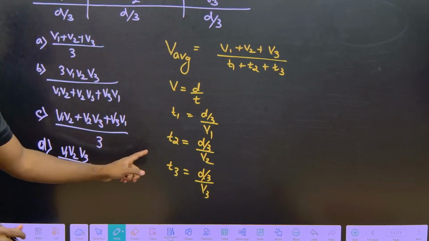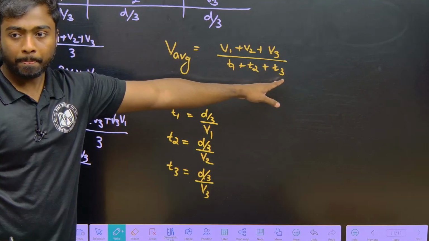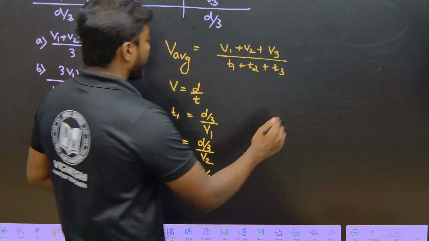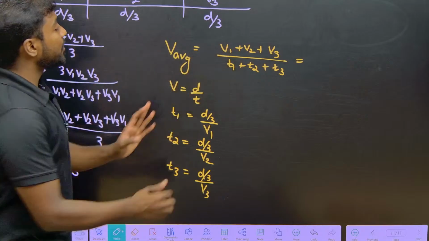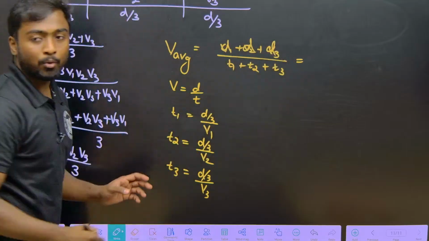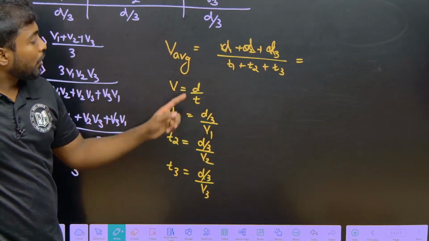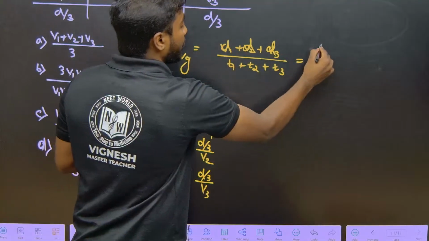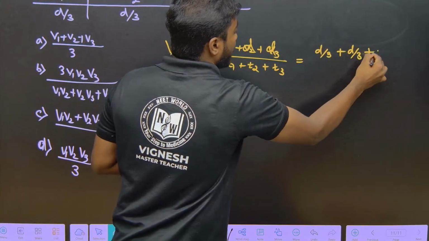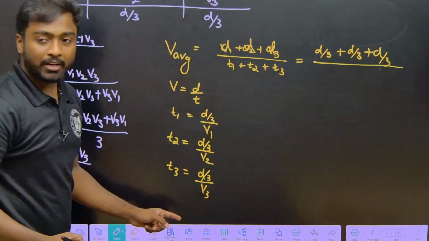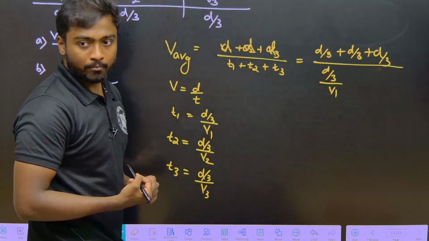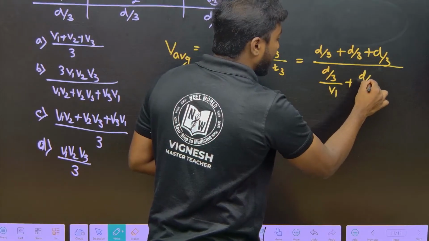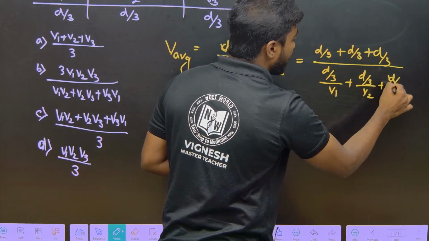Any doubt here? So now I can substitute. What will I get? The displacement is d by 3 plus d by 3 plus d by 3, divided by T1, T2, T3, which is d by 3 by V1 plus d by 3 by V2 plus d by 3 by V3.